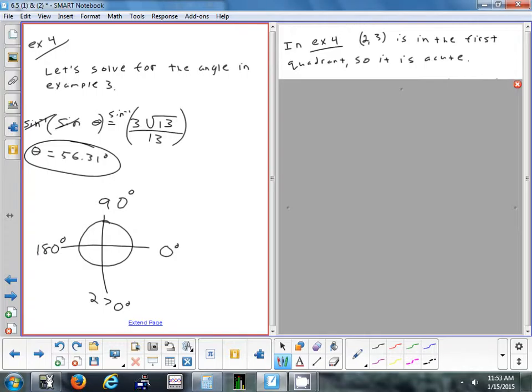If I said to sketch a 45-degree angle, it would be about like that, halfway between 0 and 90. Well, 2, 3, right 2 and up 3. If I sketch that angle, I know it's bigger than 0, but less than 90. So 56 makes sense. The way I sketched it, it looks like it's more than halfway. So that seems reasonable.